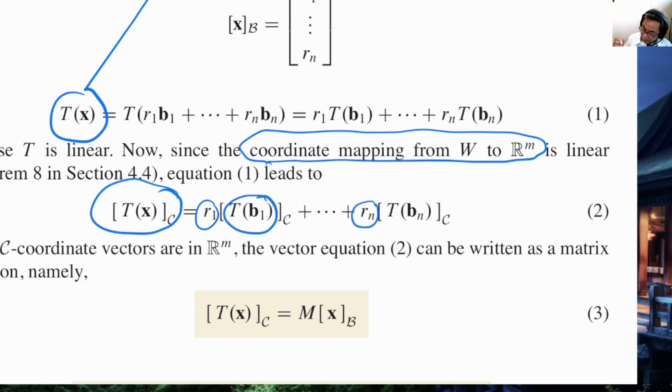The change of basis is only affecting T(B1) to T(Bn), and we see that the vectors are changed to the C basis.